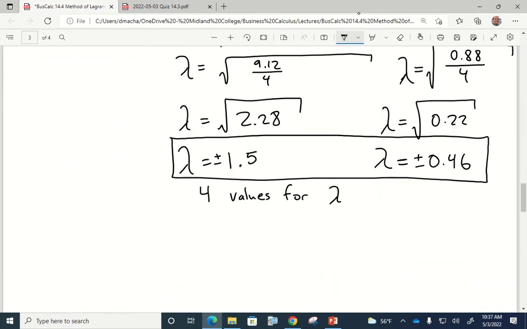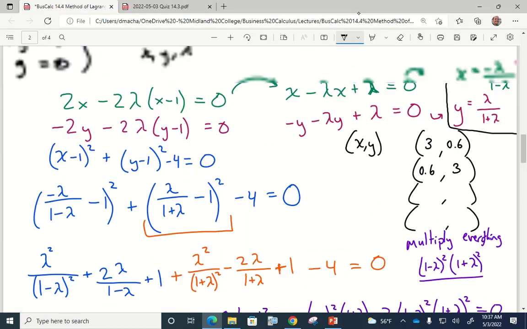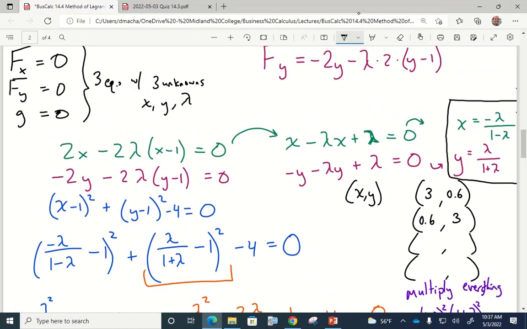Okay, so what about my other value, 0.46? Plug in negative 0.46 divided by 1 minus 0.46.